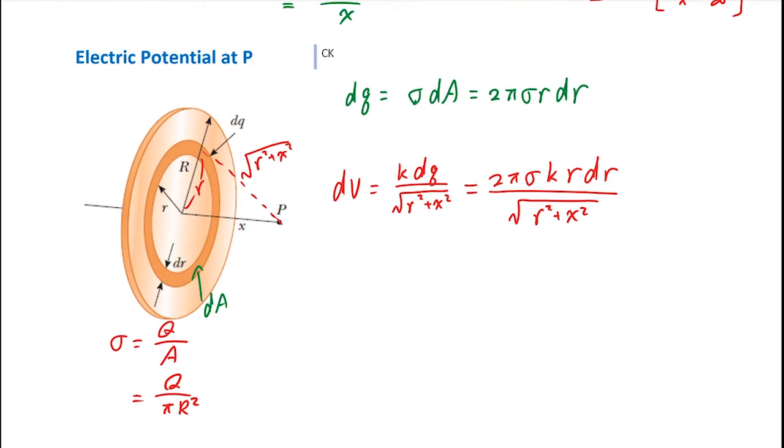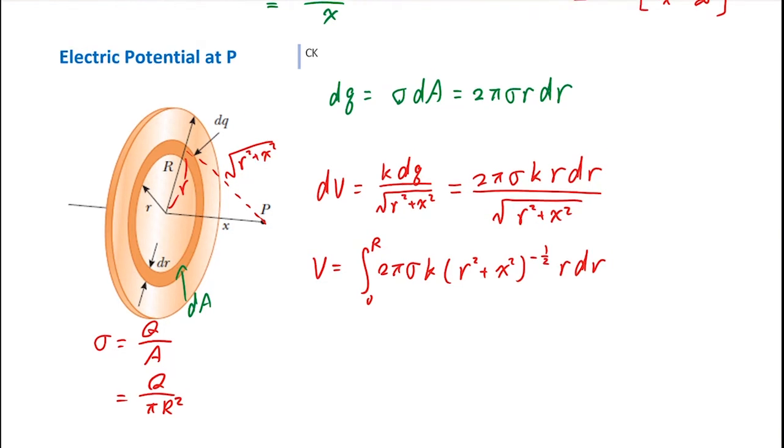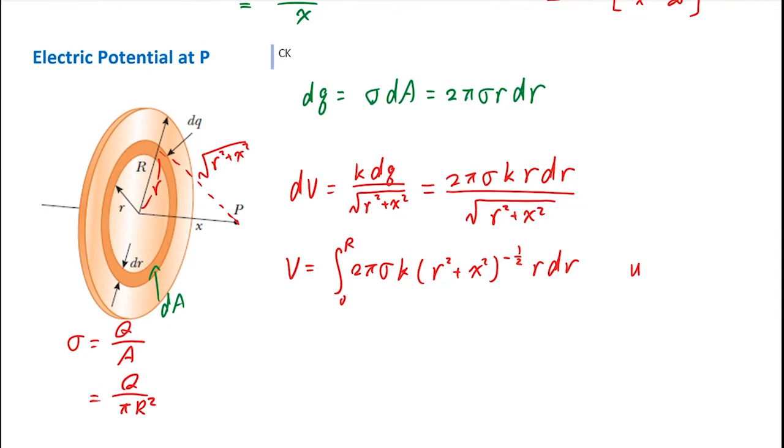And let us integrate. So my V has to be the integral from 0 to R of this whole thing. 2 pi sigma k, and then let's write it this way so it's easier to integrate. Negative 1/2 power, and then r dr. Do you see u-sub coming? So my u has to be r squared plus x squared, and du has to be, now let's not get confused, we're integrating with respect to r, not x.